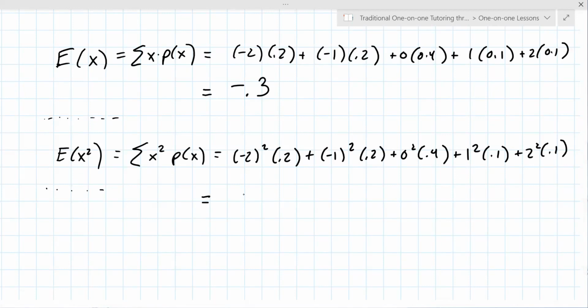This one takes even longer to put in. Just be careful that you're putting it in parentheses. But this is like 0.8 plus 0.2 plus 0.